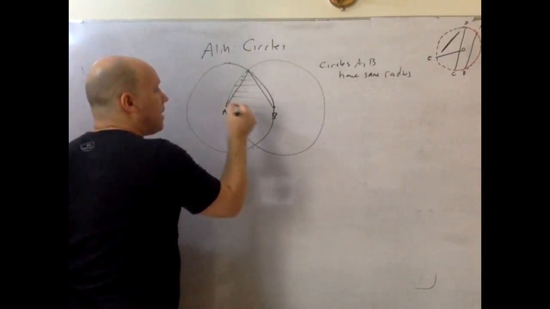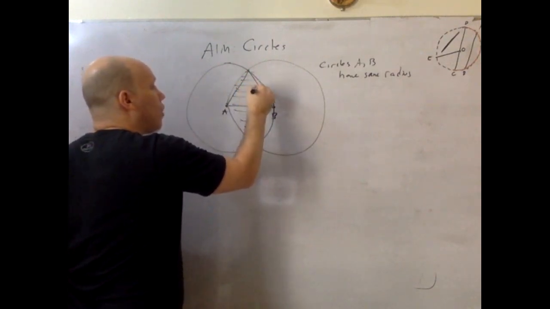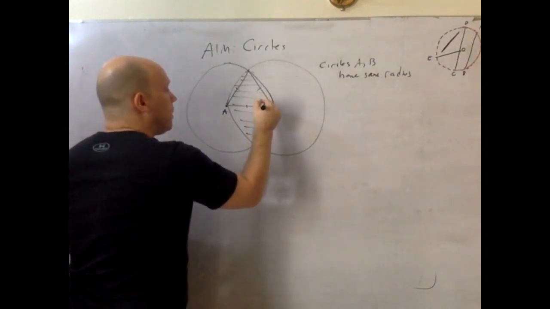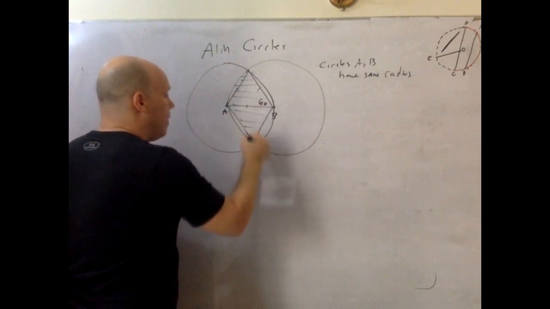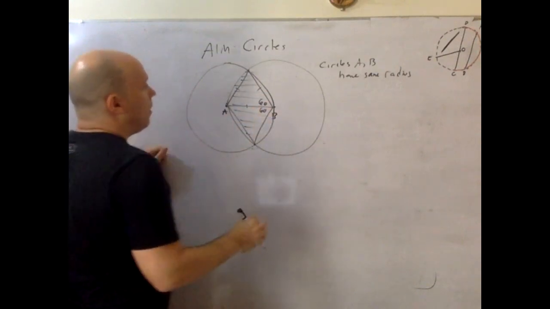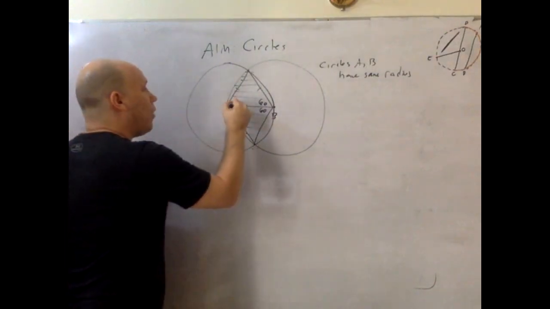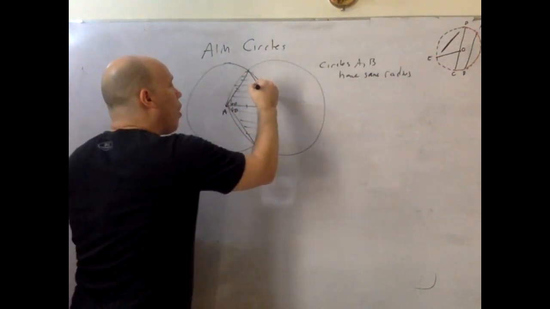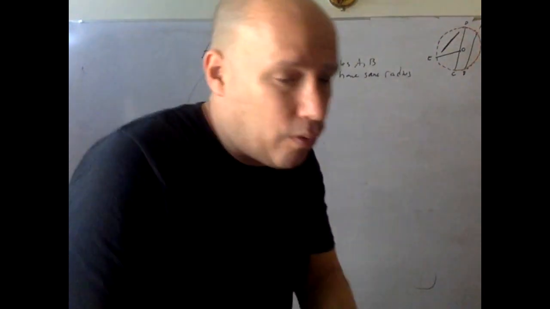Since A and B are on each other's circle, this is an equilateral triangle, so this is 60 degrees. You do the same thing down here. Once you have the angle and you know the radius, this goes back to the ice cream cone. And that's how you solve all these problems.